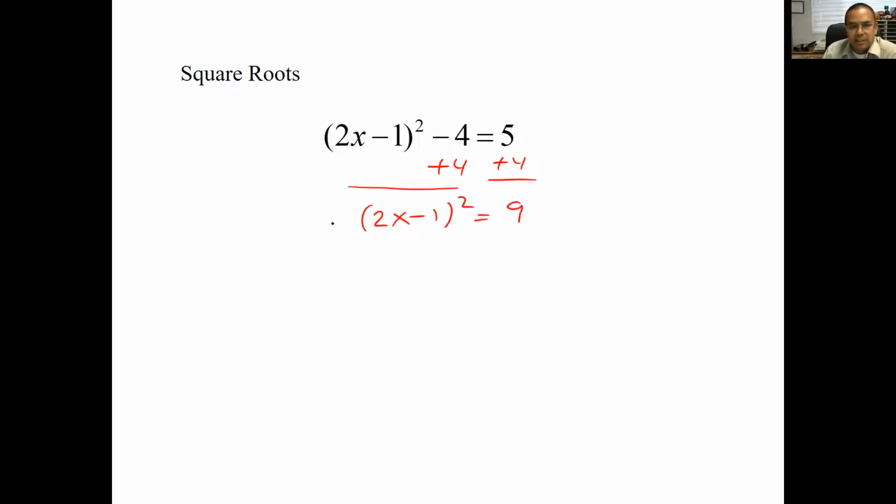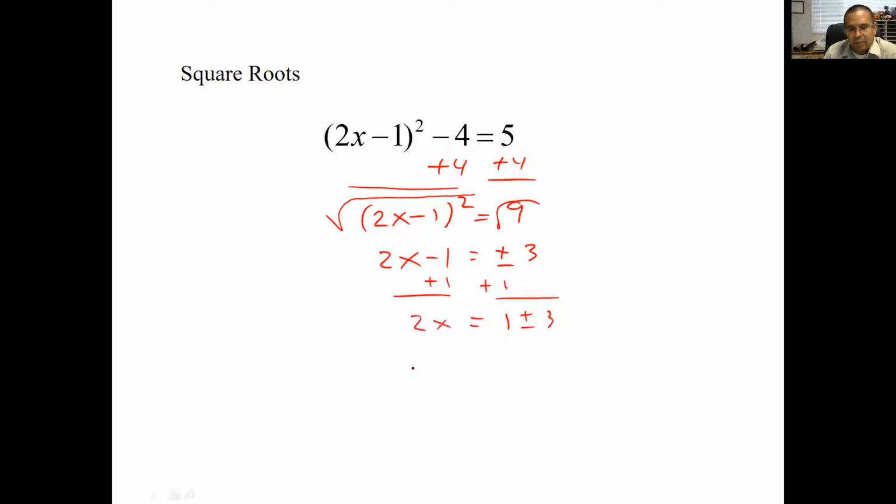And then take the square root to get 2x minus 1 is plus or minus 3. Good. And then we would add 1. So then we have 1 plus or minus 3.